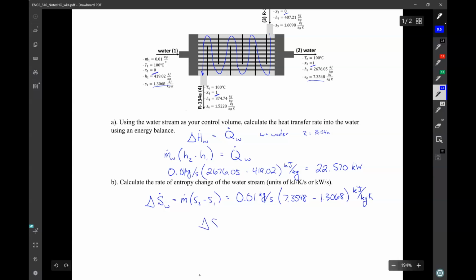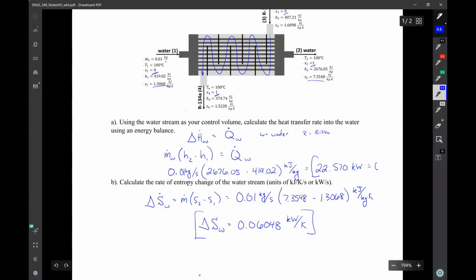Again, we can do the math and we get that the total rate of entropy change of the water is equal to 0.06048 kilojoules per Kelvin per second, or kilowatts per Kelvin. So that's our entropy change.